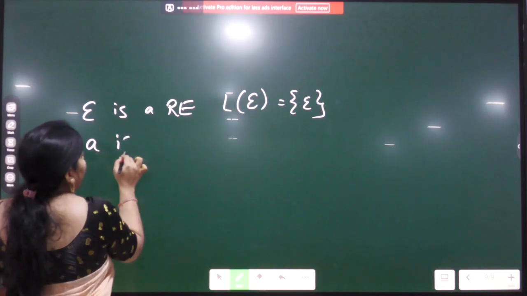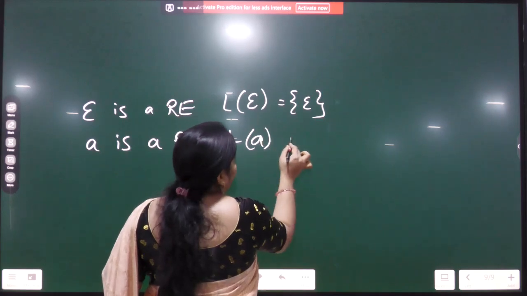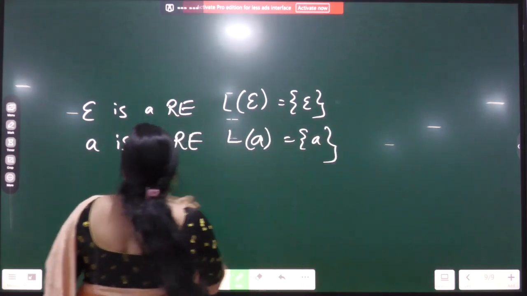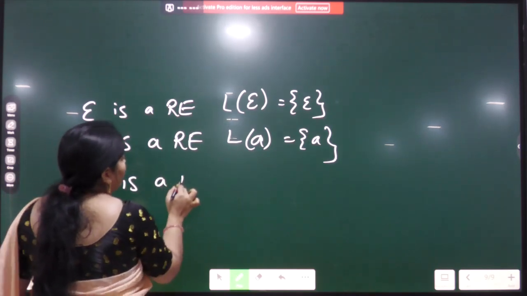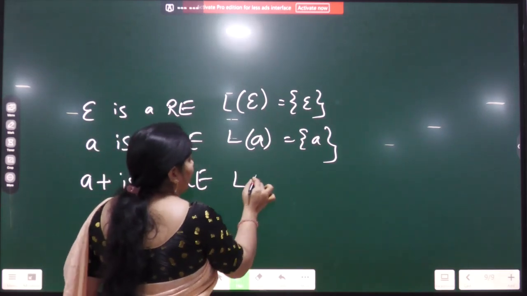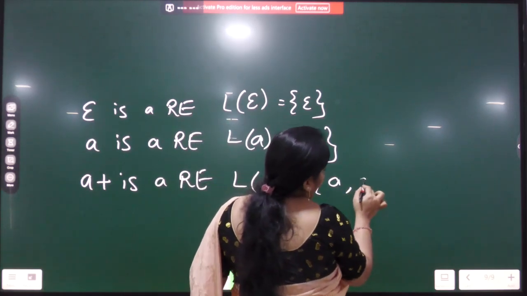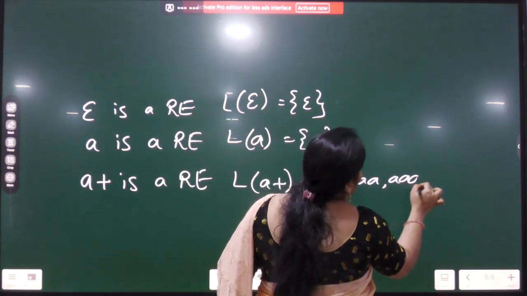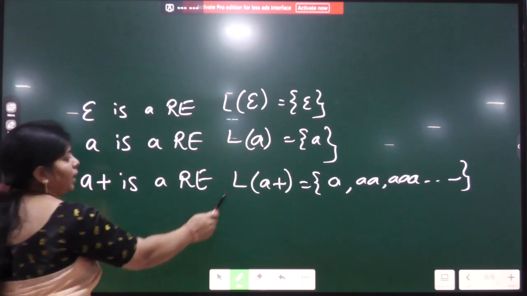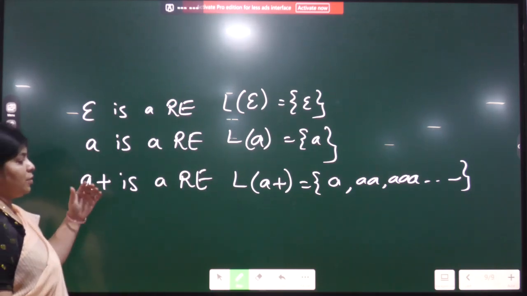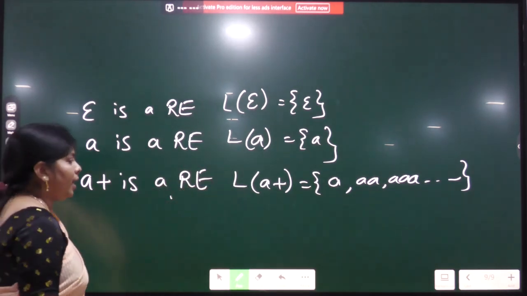If a is a regular expression, then the regular language contains only a. Whereas if a plus is a regular expression, then we can write a, and so on. That means all combinations of a's will be there in this language. According to the specification of the regular expression, we will have the strings in the language.